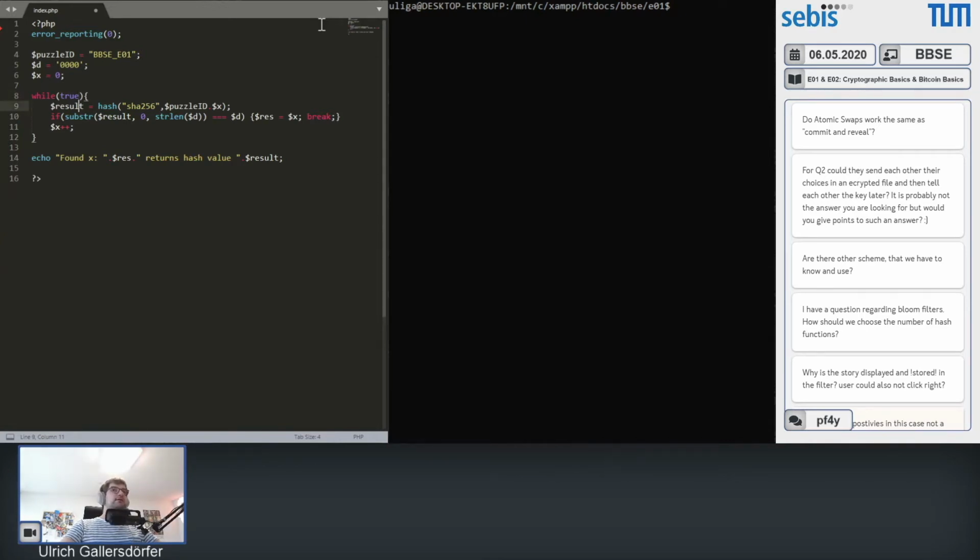We calculate the hash. So we use SHA-256 of this thing. We take the puzzle ID, in this case BBSE E01, and the X. So the X is here, and this concatenated is hashed.